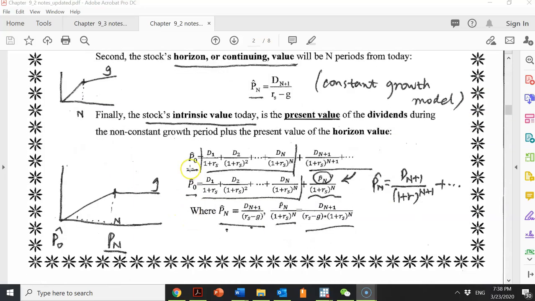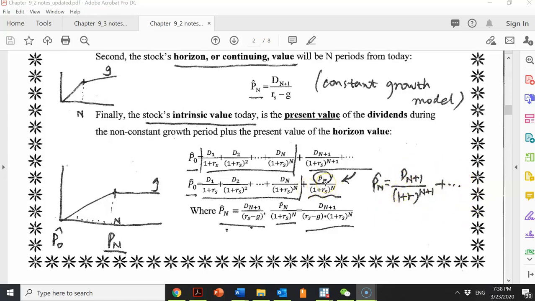So P0 becomes, first, we discount D1, D2 to Dn. That's the discounted value added together for the first stage. For the second stage, dividends start from Dn plus 1 and go on forever. And all these discounted to time n is Pn. Pn equals all the discounted value of the dividends in the second stage.